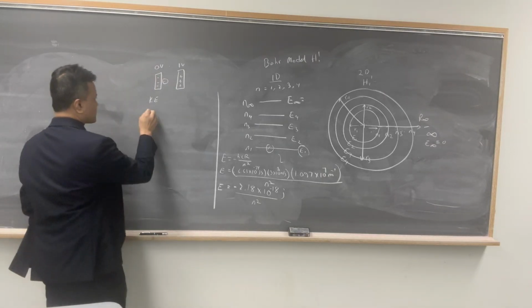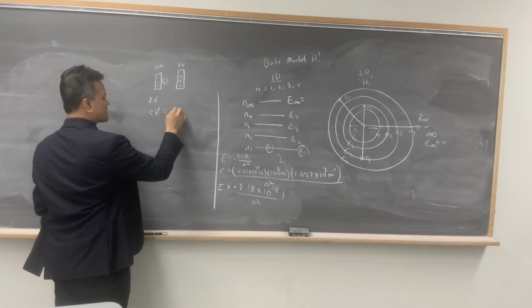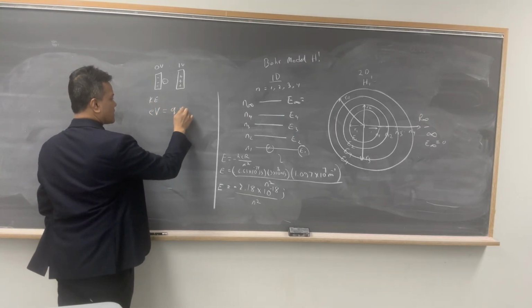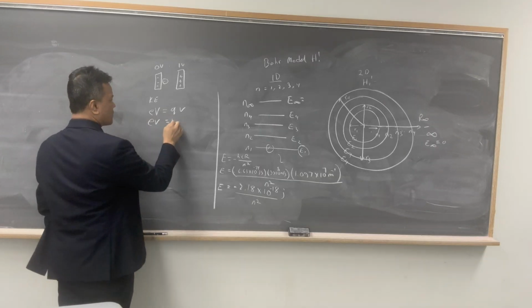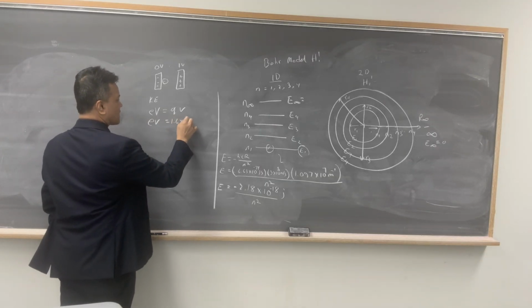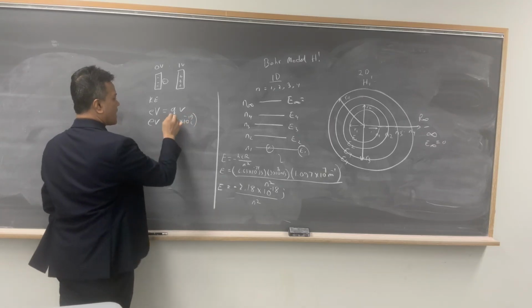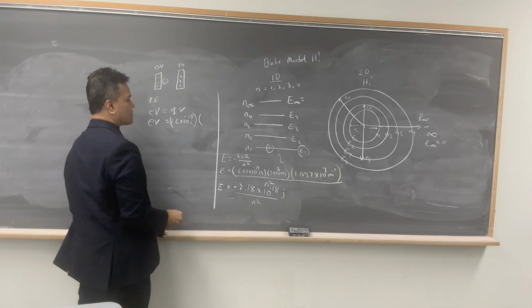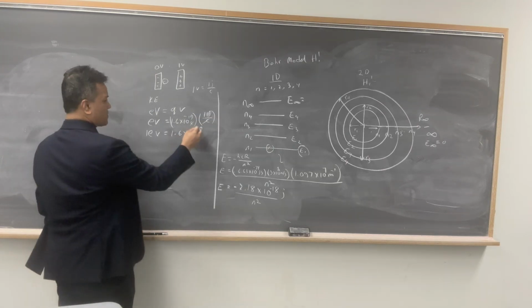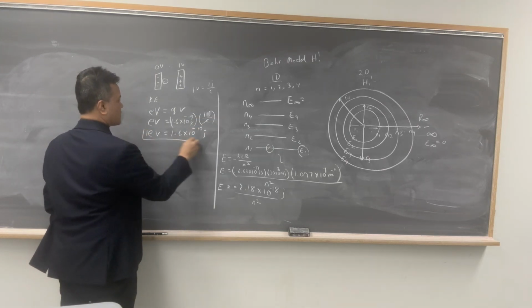So what is an electron volt? It is QV, where Q is the charge, 1.6 times 10 raised to negative 19 coulomb, and V is 1 volt of potential difference. So that's what 1 electron volt is.